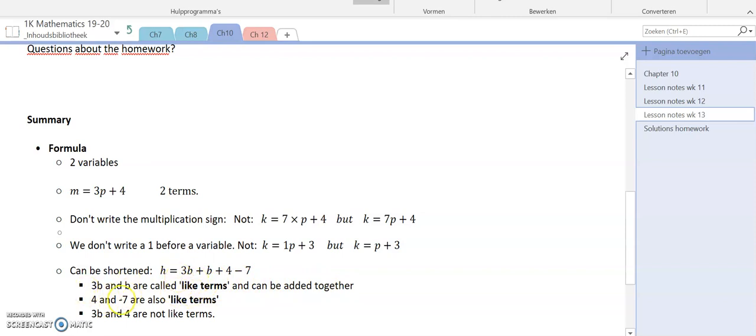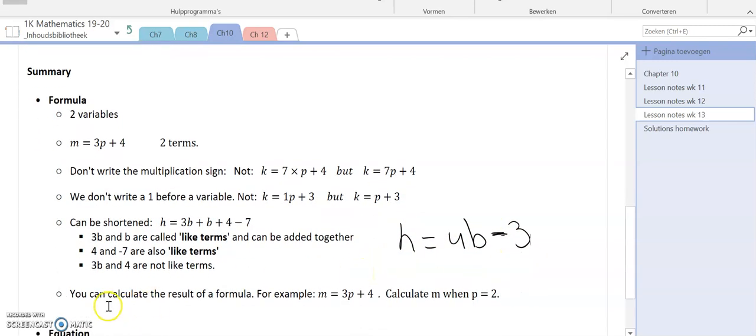The 4 and the negative 7 are also like terms, because you can take them together as well. But 3b and 4 are not like terms. So we can shorten this to h is 4b, and then plus 4 minus 7 will become negative 3. And those 2 terms are not like terms, so you can't shorten it further.